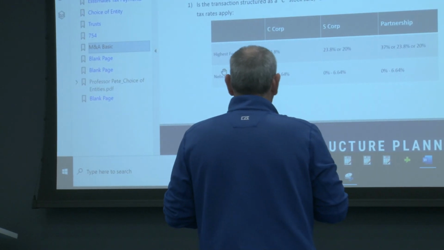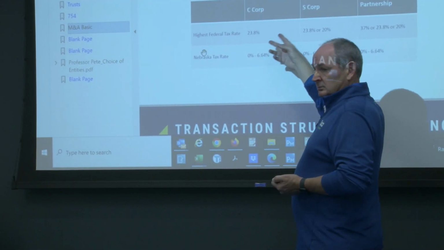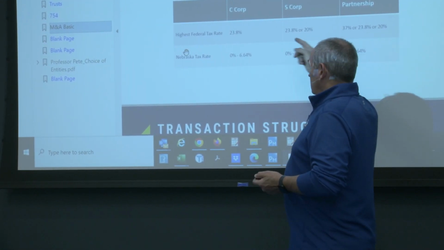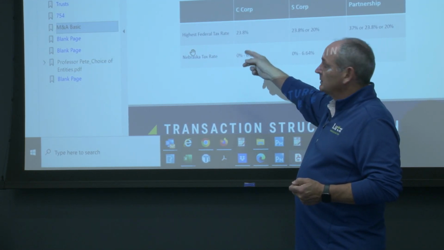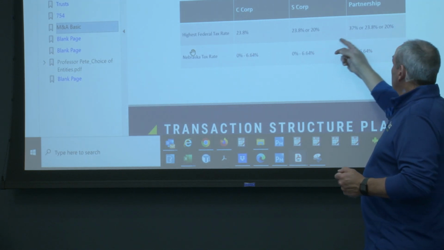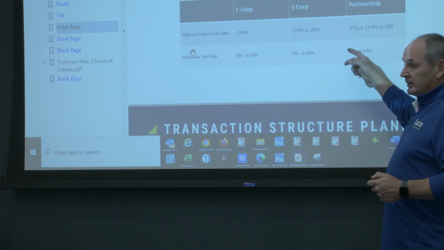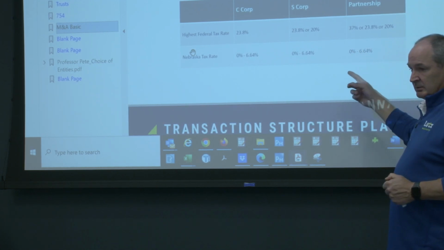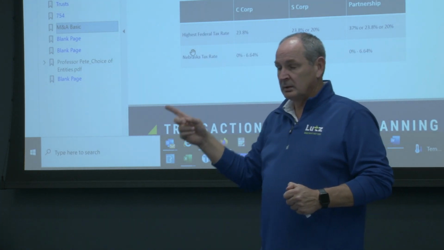Okay? So, the first line is federal. For a C Corp, your highest federal rate is 23.8%. Your S Corp is 23.8 or 20%. And your partnership is 37 or 23.8 or 20%. What the hell? Okay?